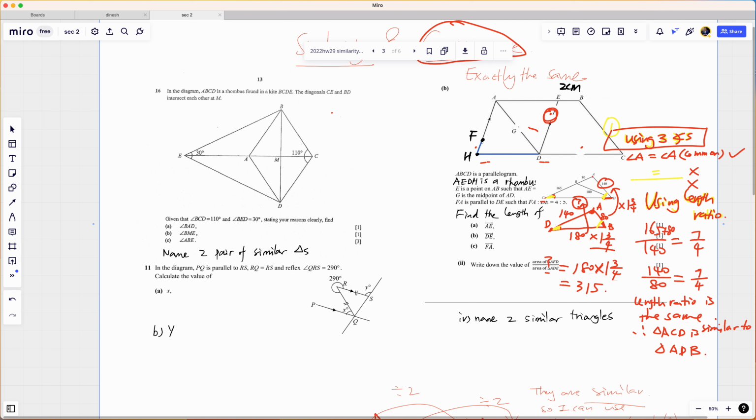Last one, angle BMA, angle BMC, 90, right? They are the same. So you can conclude triangle BAM is similar to triangle what? BAM is similar to BCM, right?